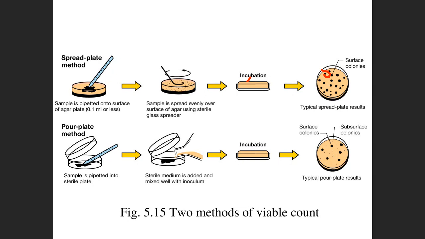Then the other way is to mix the bacteria suspension in the agar. So this is a pour plate, and this is a spread plate. The pour plate will have bacteria embedded in the middle of the agar.